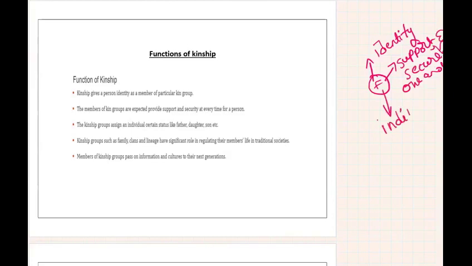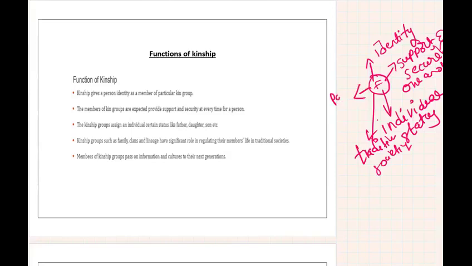It plays an important role in the members' lives in traditional societies. And the members of the groups pass on information and culture to the next generations. These are the functions of kinship.